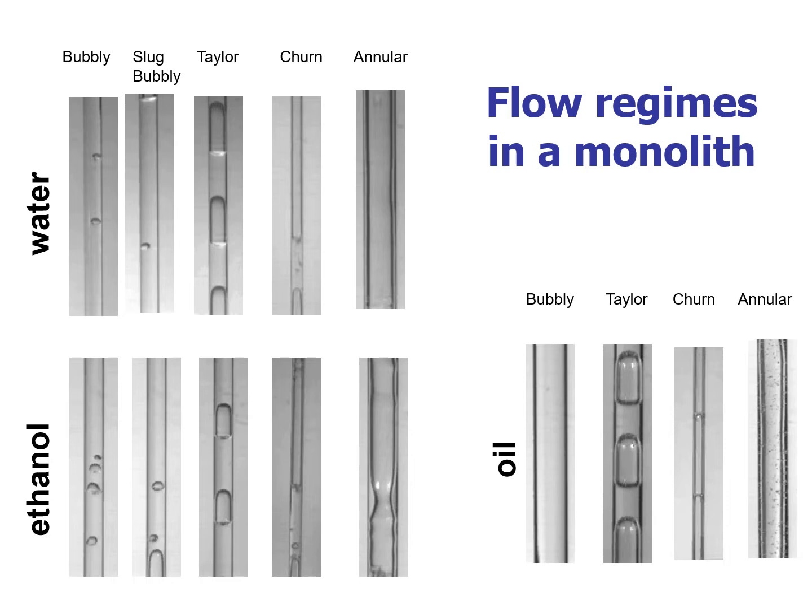It's flattened at the bottom and hemispherical at the top. This is the bubble train or Taylor flow. This is the most desirable flow regime for use in monolith reactors. Increasing the gas velocity further, we have the churn flow.